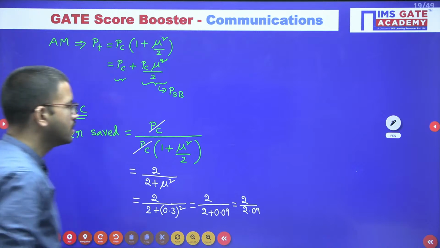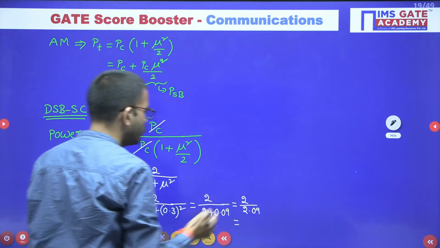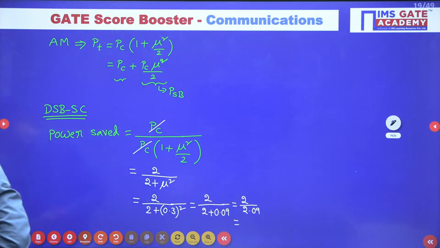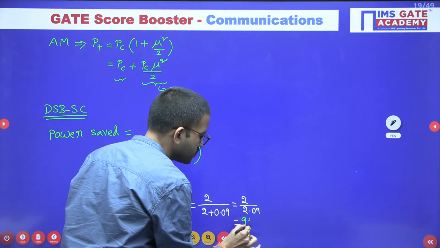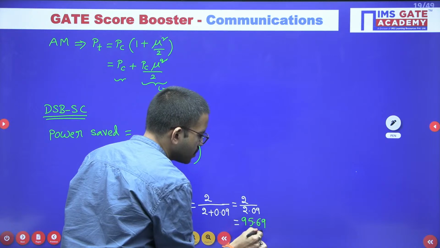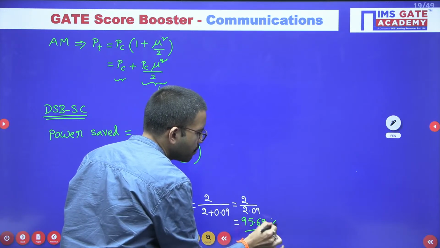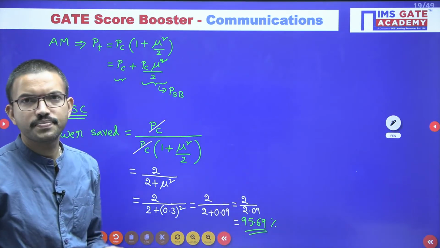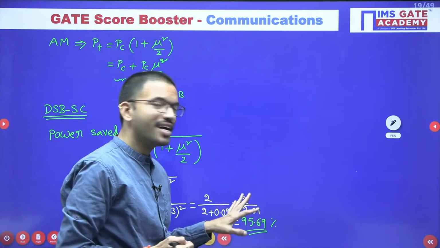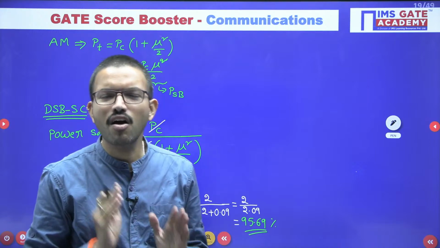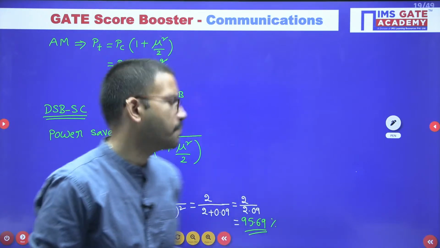From here you will get 0.9569. They have asked in terms of percentage, since whenever it is efficiency they always ask in terms of percentage.